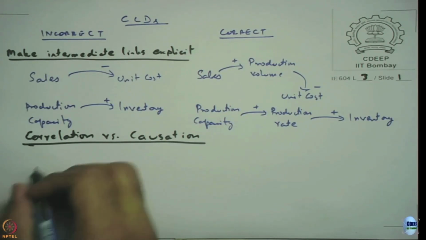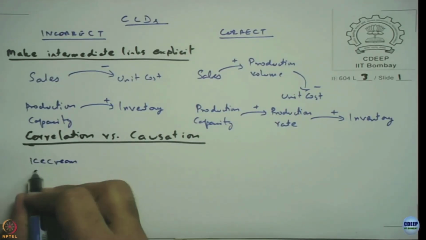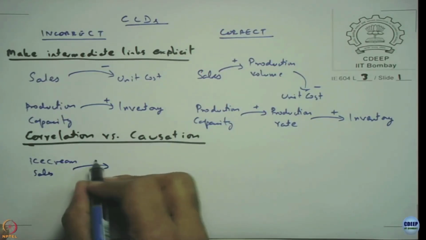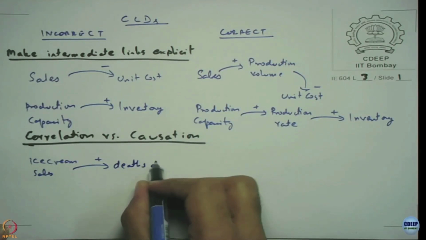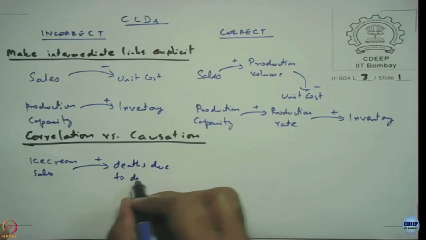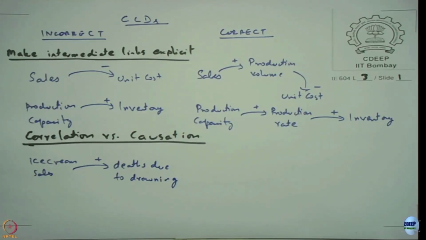So, we do not go ahead and say things like ice cream sales lead to deaths due to drowning. So, what we want to say is in the months of summer we have an increase in the sale of ice creams, and in summer there are more deaths due to drowning. If you get the data set, you can definitely get a good strong correlation among them, but that does not mean that we say these things.